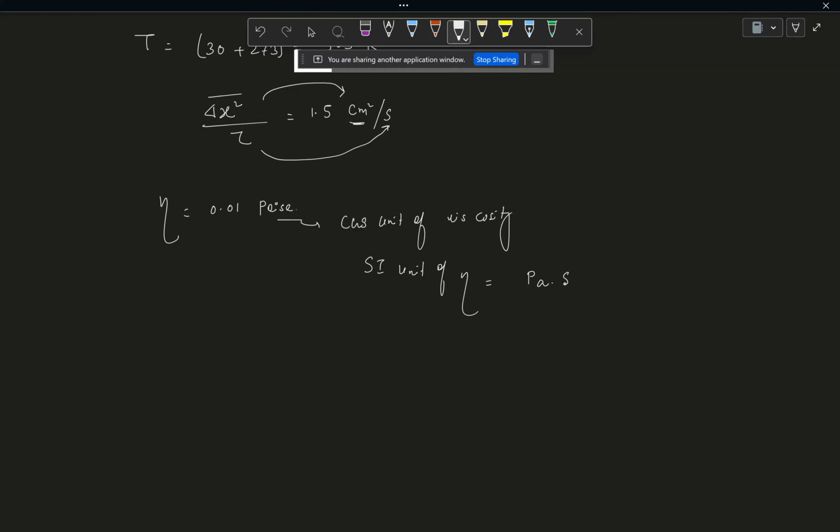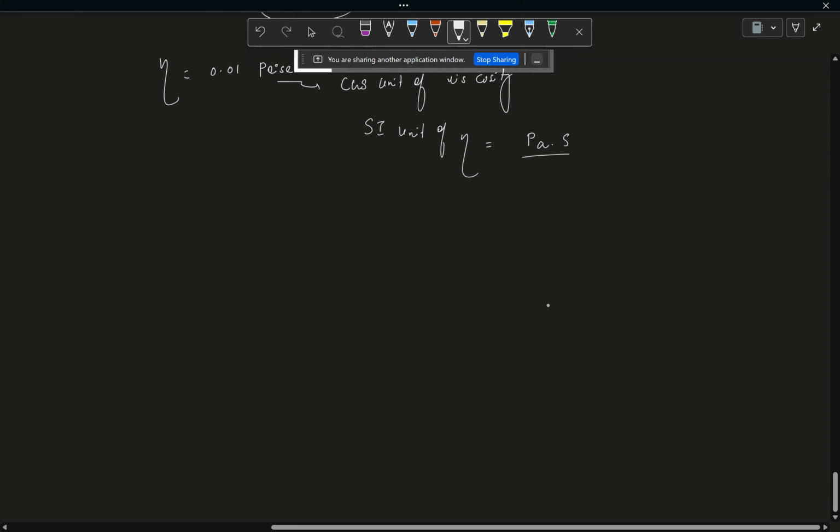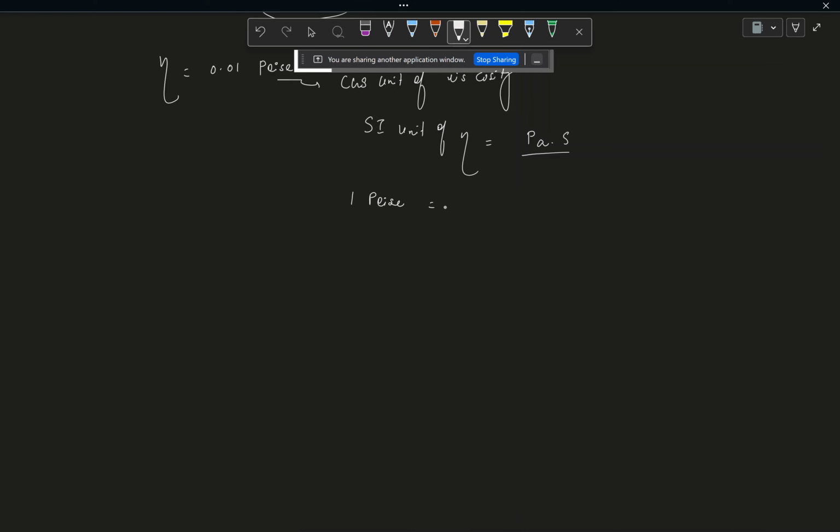Pascal is basically the SI unit of pressure, and pressure into time is basically your viscosity, and the SI unit is Pascal times second. And there is a relation between the CGS and SI unit, that 1 poise is equal to 0.1 Pascal second. This is a conversion, right?